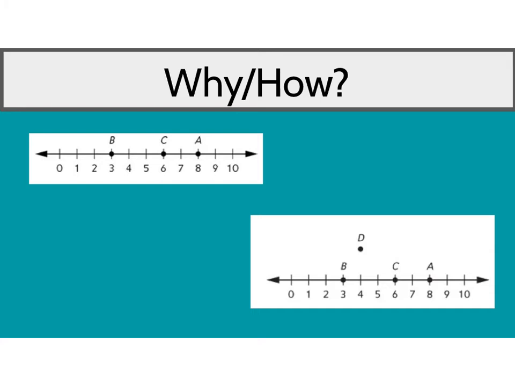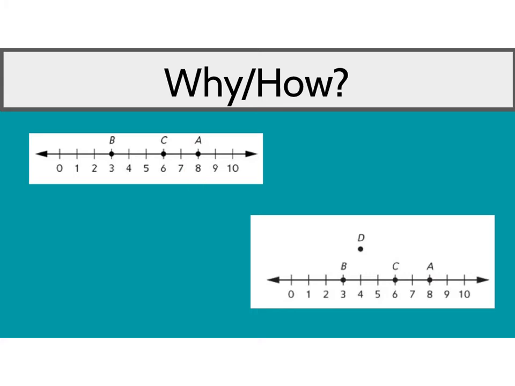So if I asked you to take a look at the number line that we have right here, and I asked you, tell me where point A is located. And you would probably say to me, oh, well, point A is located at number 8.